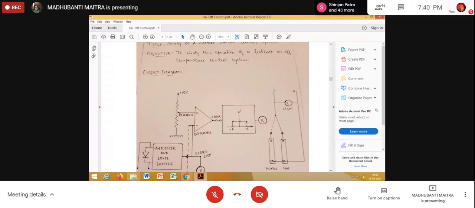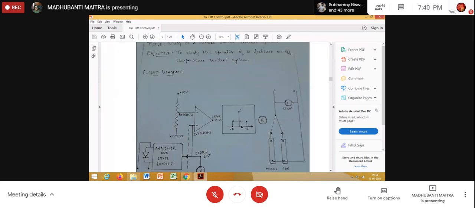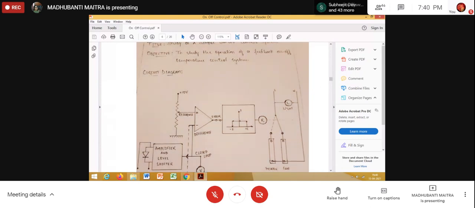So let's assume since the heater is on, H on is 1, so it will remain on till the temperature is 75 degrees.